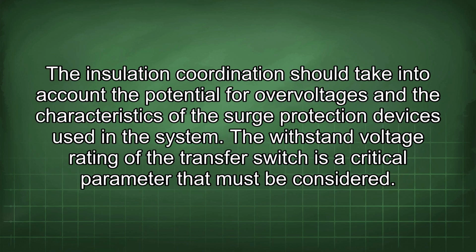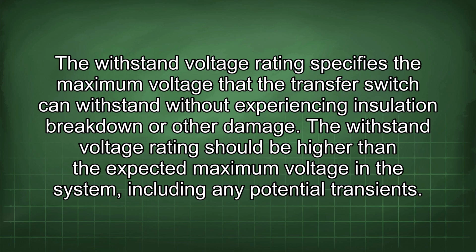The insulation coordination should take into account the potential for overvoltages and the characteristics of the surge protection devices used in the system. The withstand voltage rating of the transfer switch is a critical parameter that must be considered. The withstand voltage rating specifies the maximum voltage that the transfer switch can withstand without experiencing insulation breakdown or other damage. The withstand voltage rating should be higher than the expected maximum voltage in the system, including any potential transients.